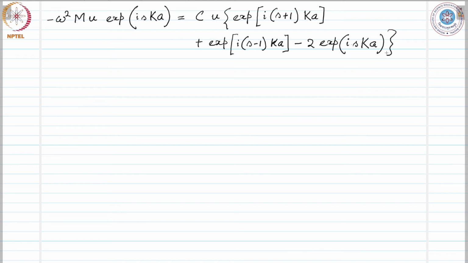This is what we can write, and now we can cancel u exponential i s K a from both sides.